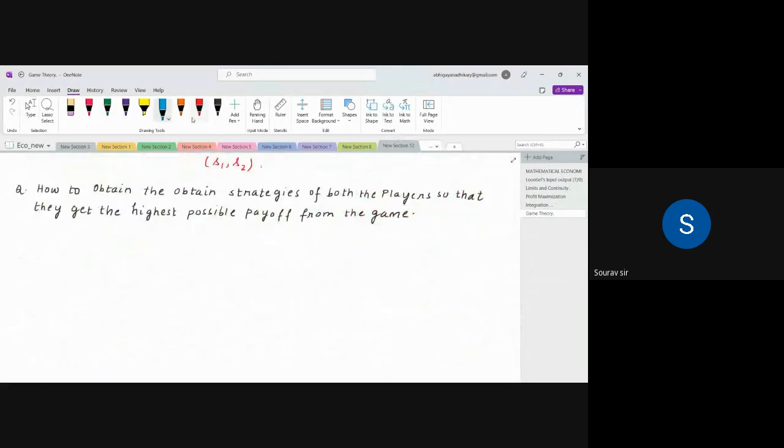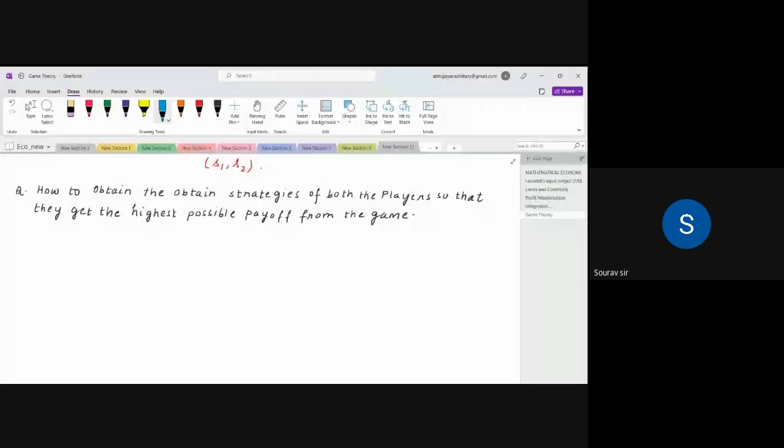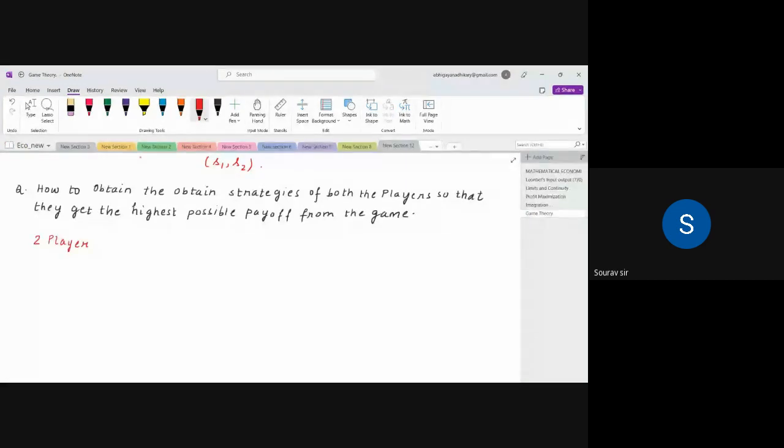At least for the time that we are doing game theory, our focus would be on understanding two player, two strategy games. This is what we have in our syllabus, so we'll stick to that only.